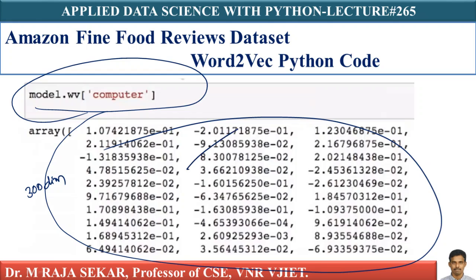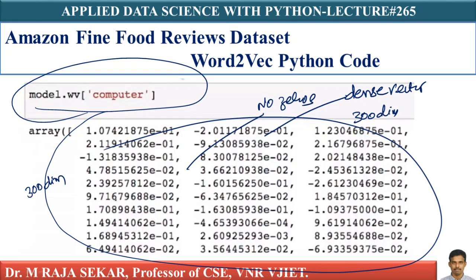There are no zeros. As I told you, Word2vec creates a dense vector. It is a 300 dimensional vector for computer.